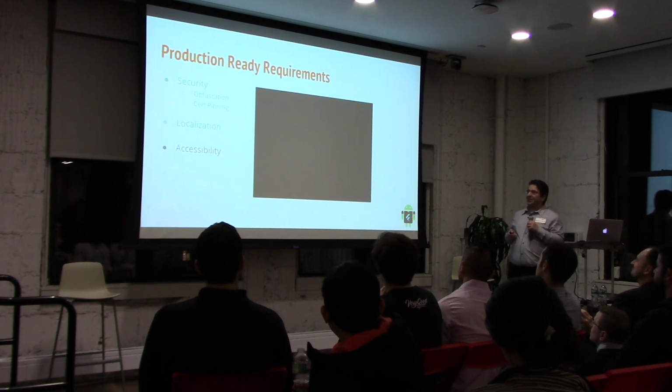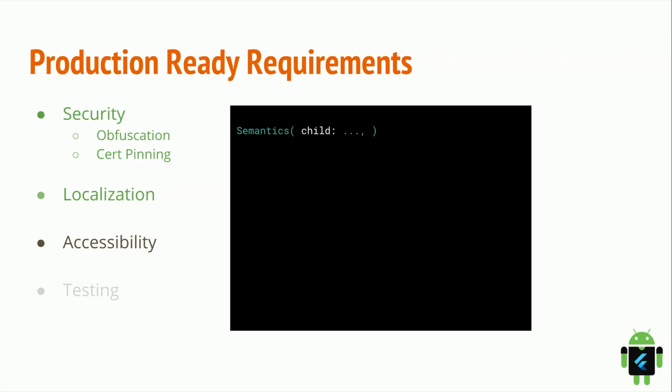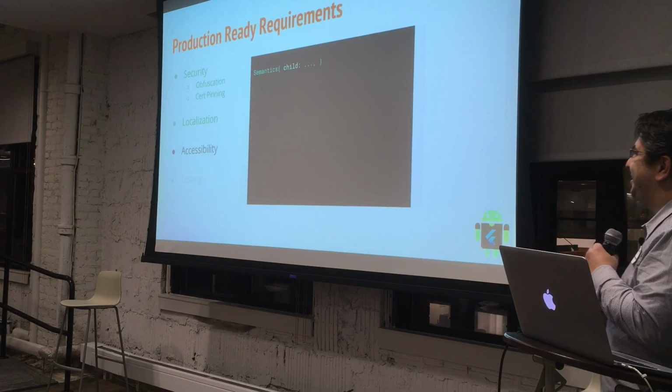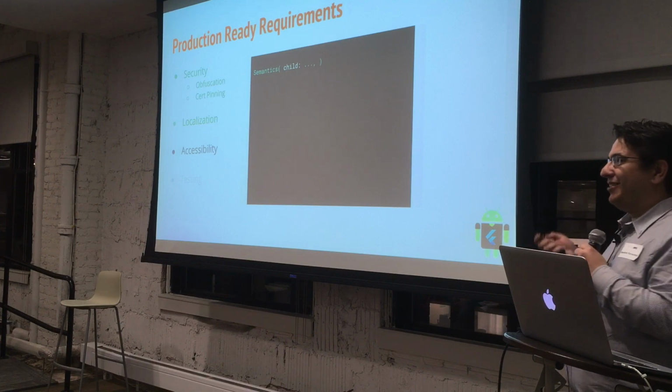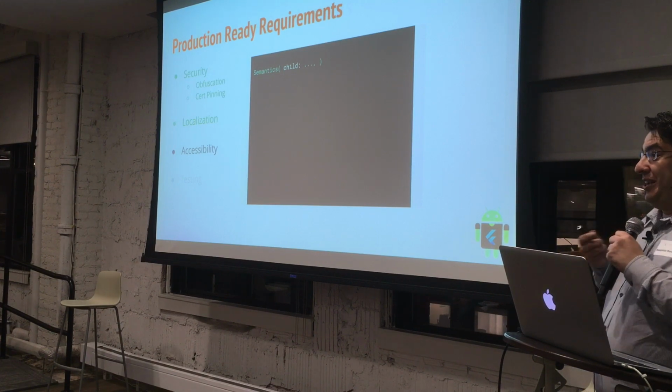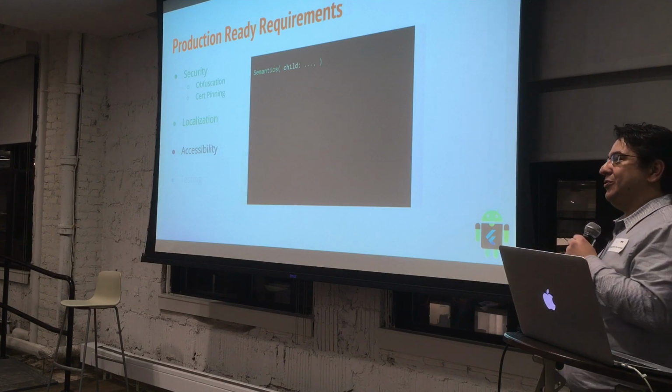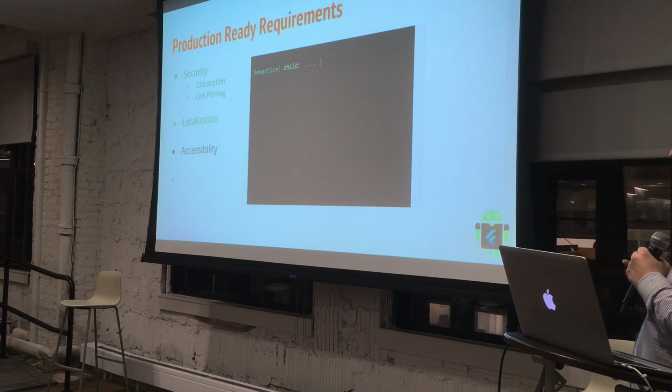Moving on to accessibility. There's a semantics widget, because everything in Flutter is a widget. I'm sure everyone here's heard that before. Everything's a widget. There's a semantics widget. That widget has a child, and it tells the accessibility service how to render that child through accessibility.